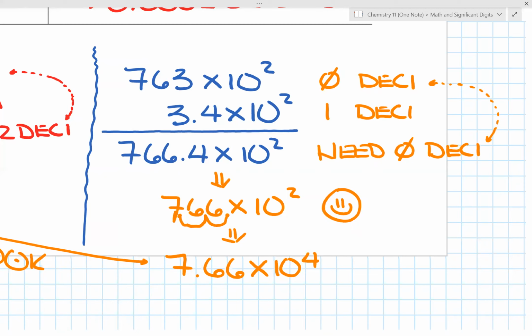Then I moved the decimal place. It is always that step. Check to have the correct number of digits first, and then you can move the decimal place, not the other way around. The common mistake is people move the decimal place first, and then they round. The answer is no, you round first, and then you move the decimal place after you finish rounding.